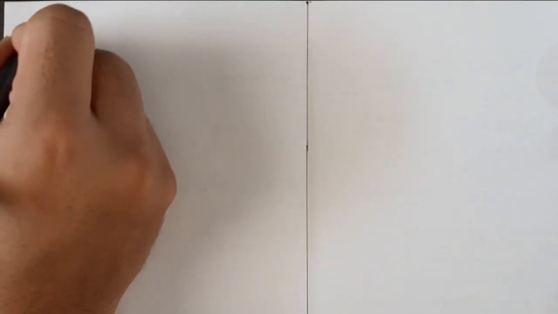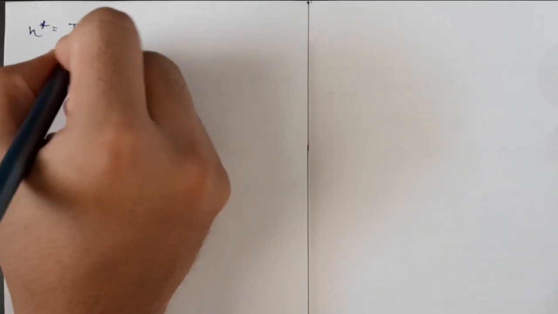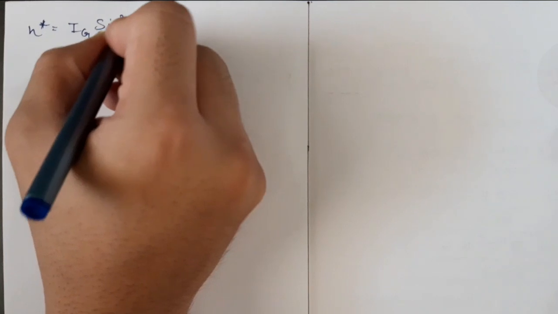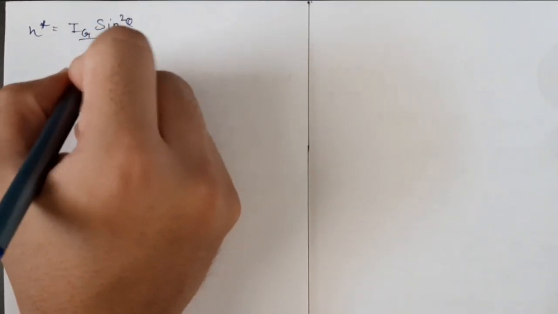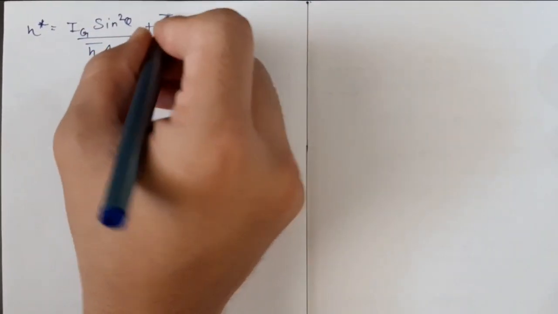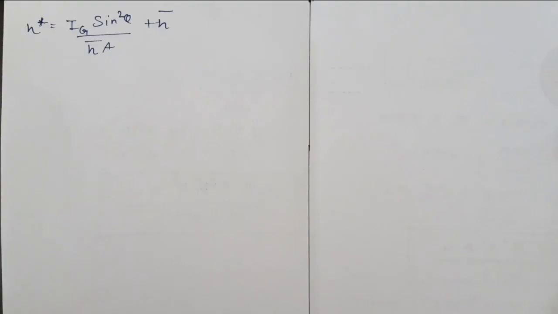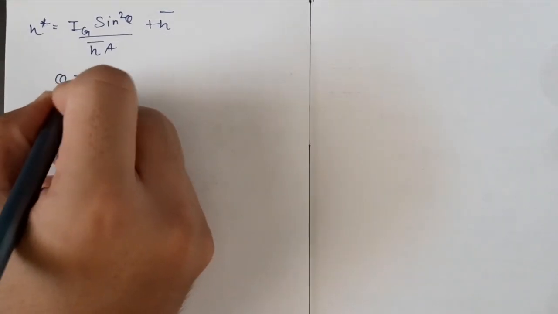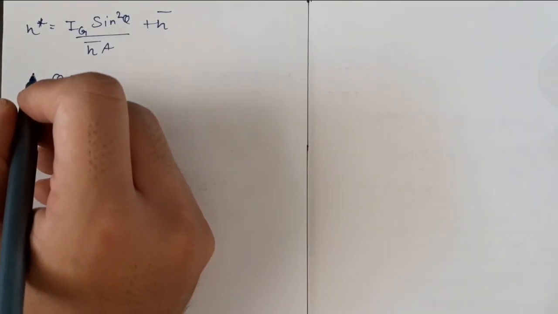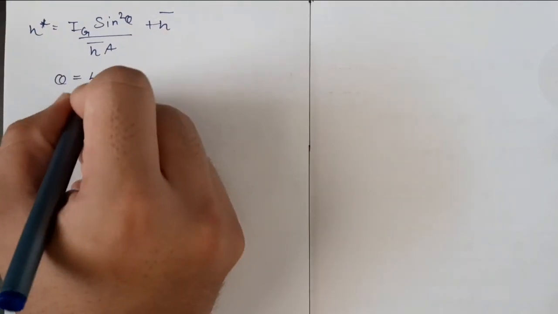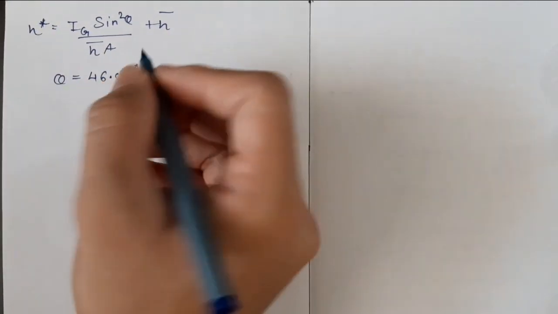center of pressure. So what is H star? The formula for H star is Ig into sine square theta divided by h bar into A, plus h bar. Now theta equals 46.05 degree.